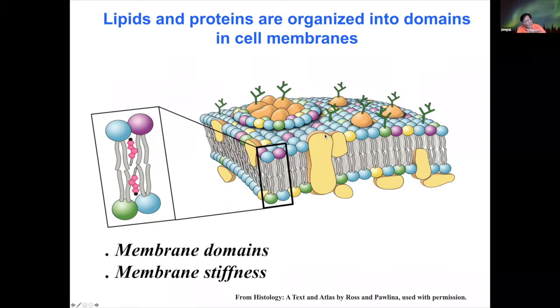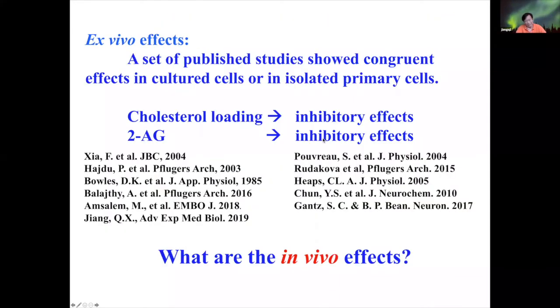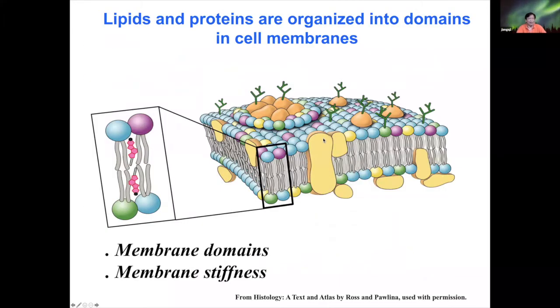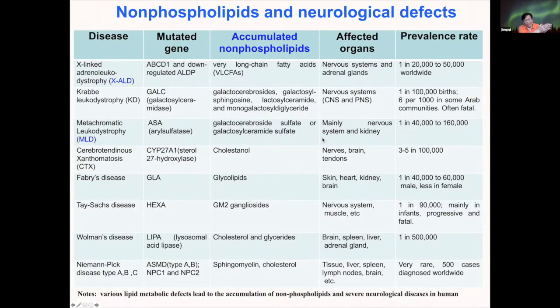The real question is whether there is an in vivo effect. For this, we are currently working with knockout mice or knock-in mice, which can change the cholesterol content in the cell membrane.